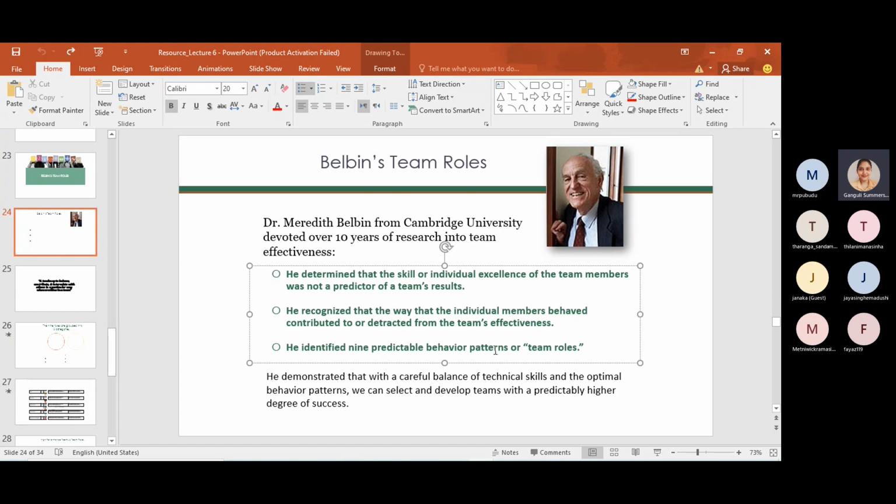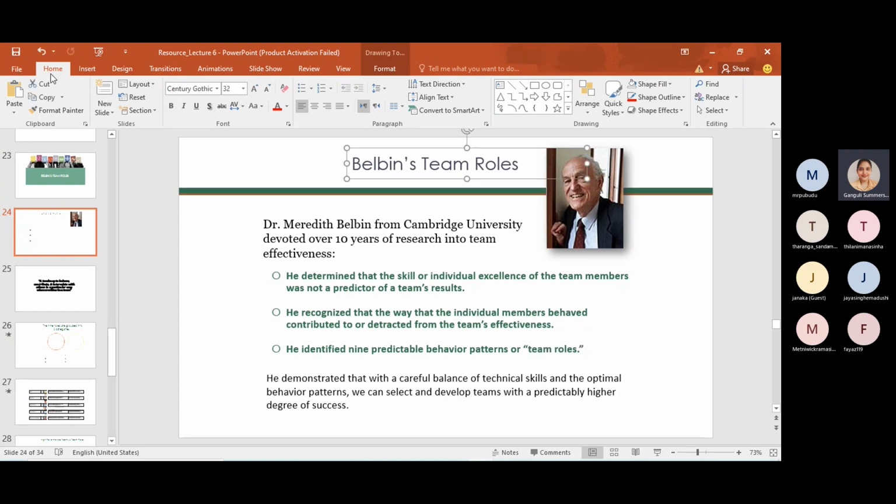During his research, he figured out certain behavior patterns that can be observed in team members when they are working as a team. These behavior patterns are called team roles. Since Belbin is the one who figured them out, we call them Belbin's team roles.